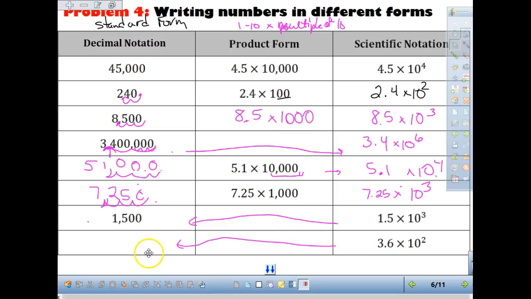If I'm looking at that last one, 3.6 times 10 to the second, I should have an answer of what? How many places do I need to move this decimal over? 2. So, what are you going to get? 3.6, move it over 2 places? 360. There you go, 360. Okay? Make sure you have those down on your paper.